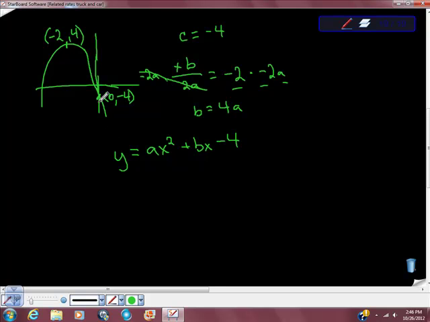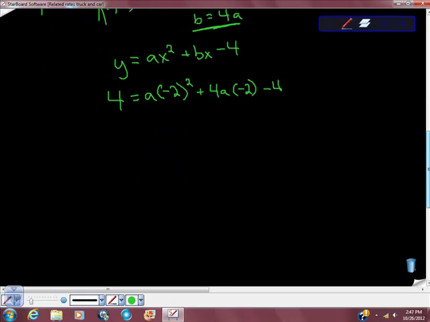So positive 4 is the y value, equals a times x, -2, squared, plus b, our 4a value, because this is just a replacement factor. b equals 4a, so I can replace this with that, and they are equivalent to each other. So b becomes 4a times x, -2, and then minus 4.